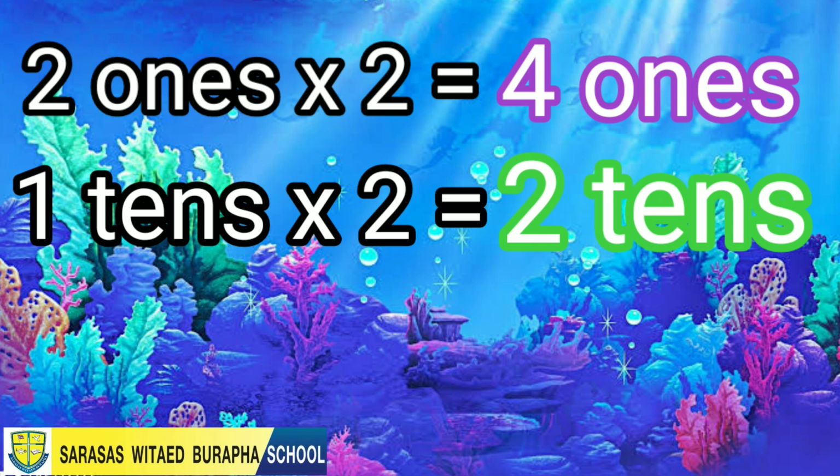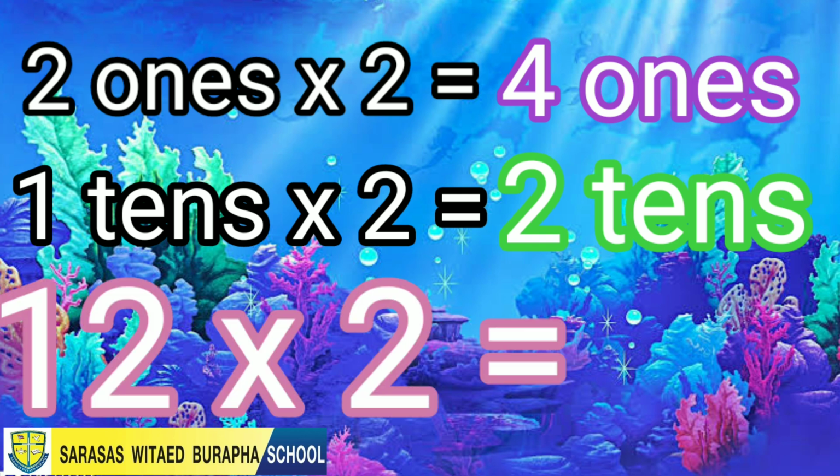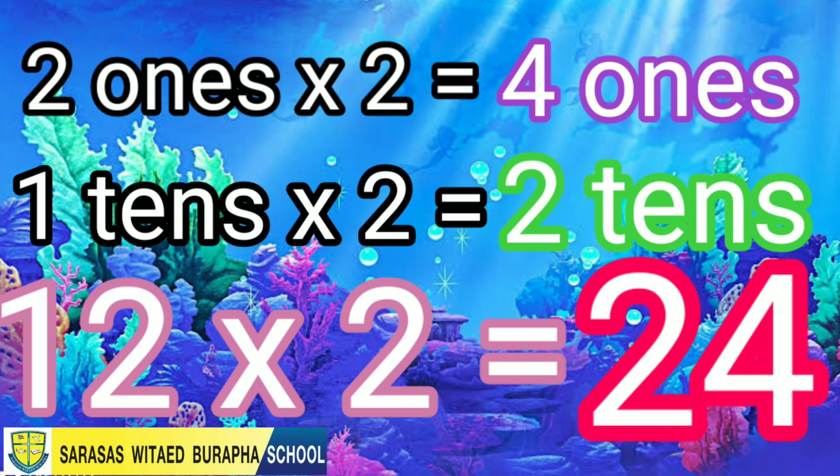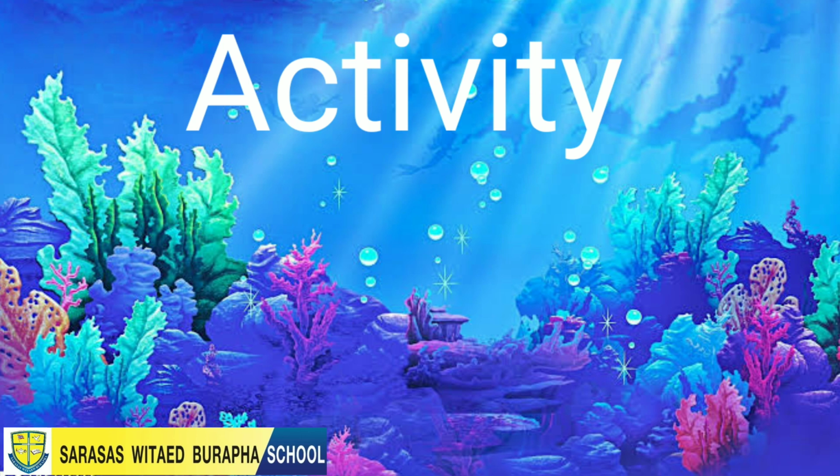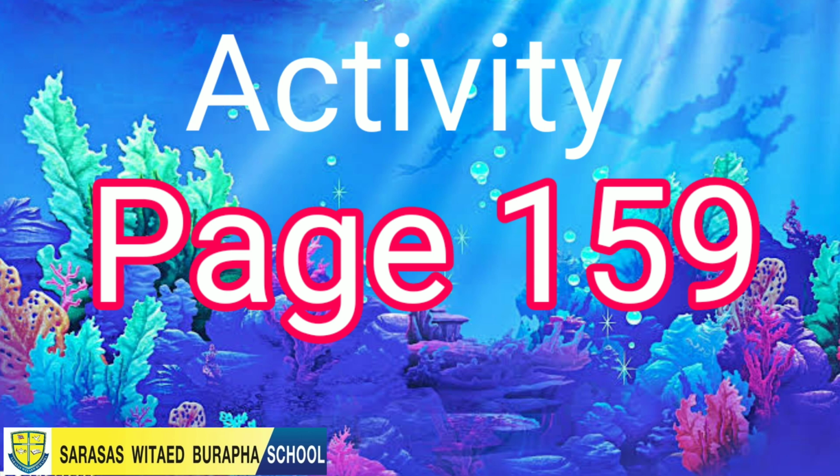So for the method, you can write it down as 12 times 2 is equal to, very good, that's 24. For the activity, please answer your books on page 159. Thank you.